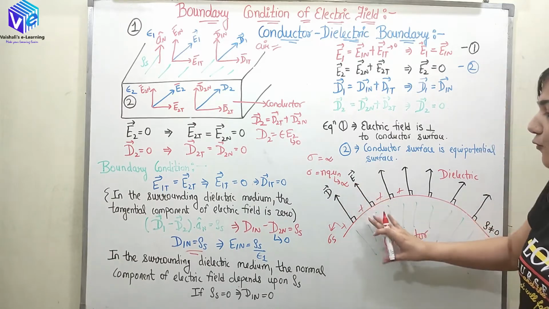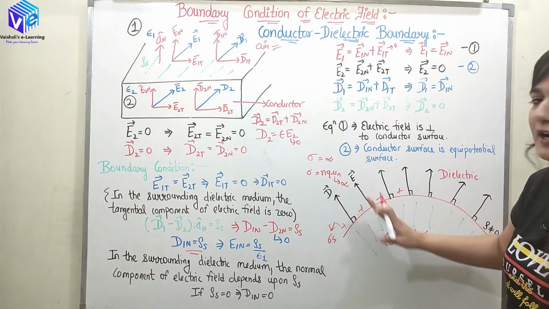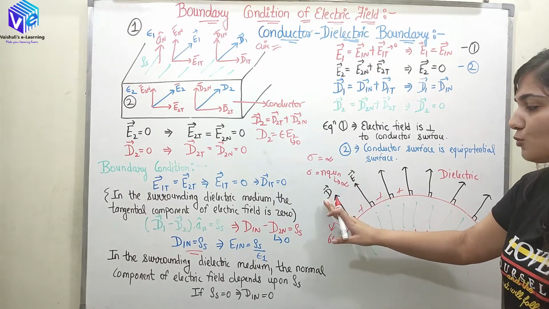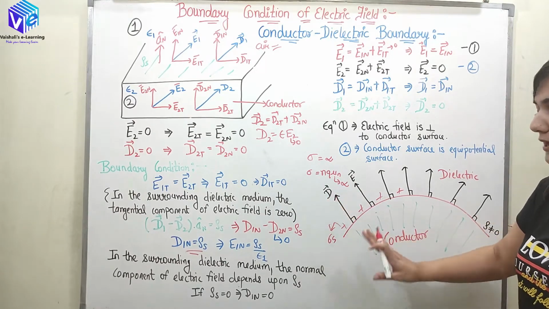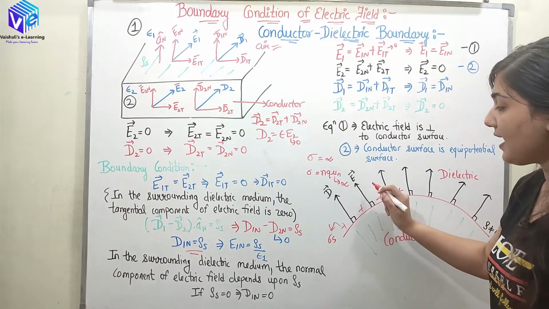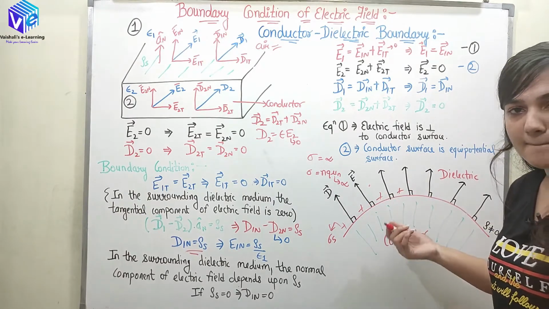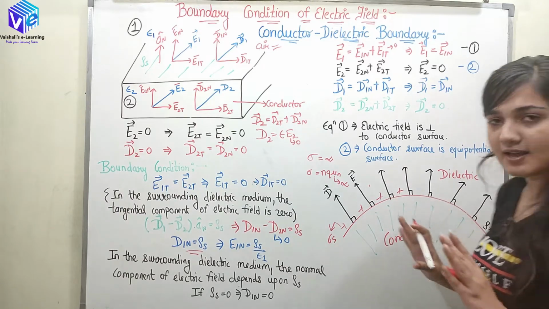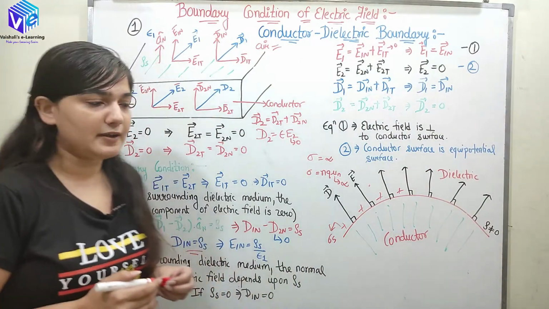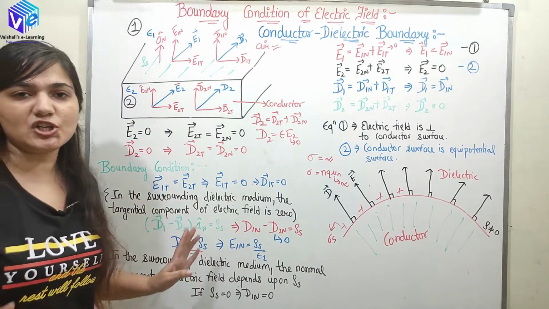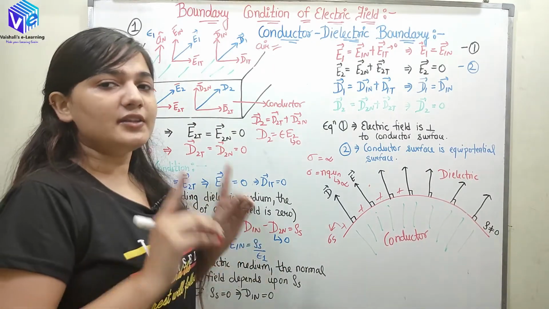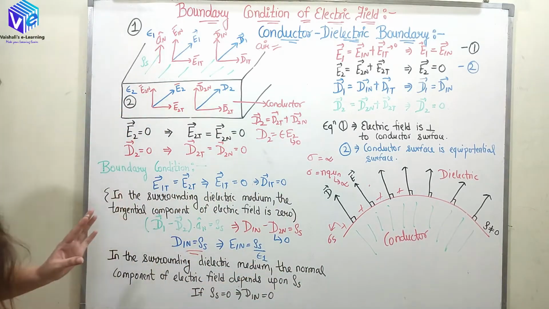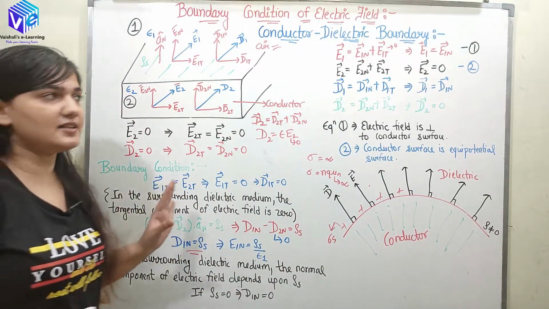We just have the normal component of the electric field intensity as well as electric flux density. We don't have any tangential component over this surface in the air dielectric medium. In the conductor we don't have anything, neither E nor D, neither the tangential component nor the normal component. So both components are not present. I hope all of these things are clear.